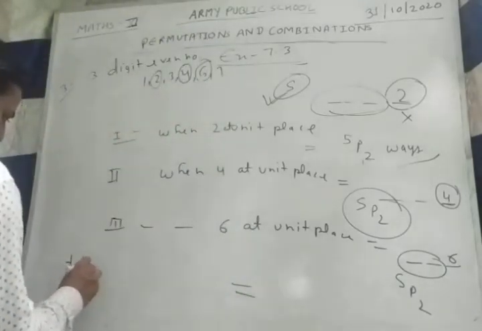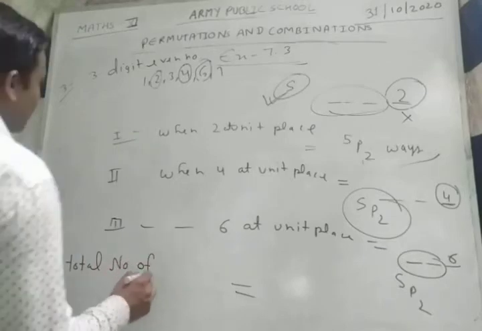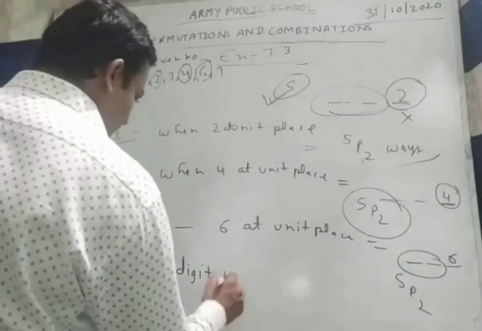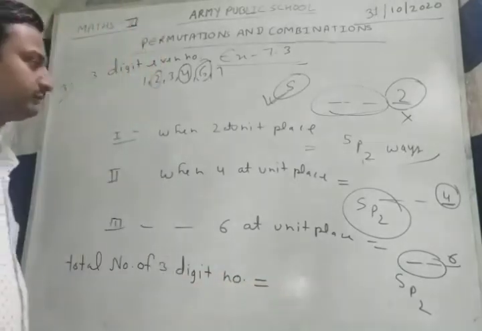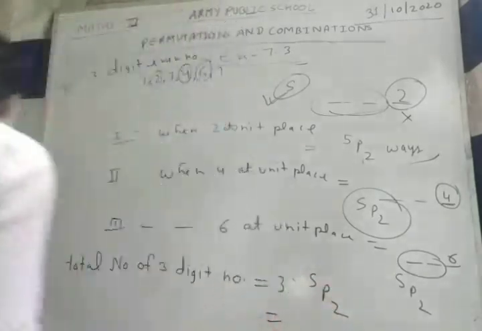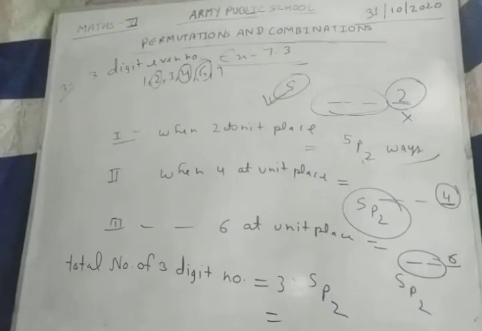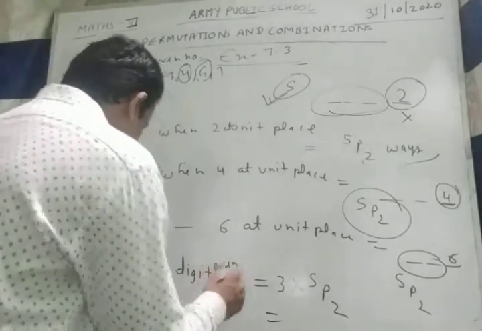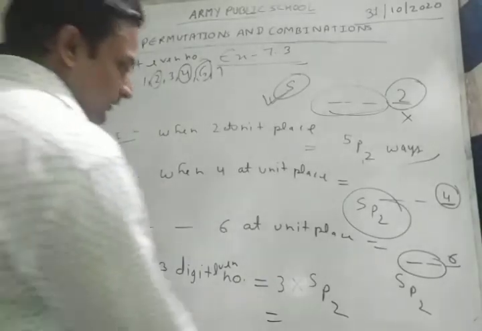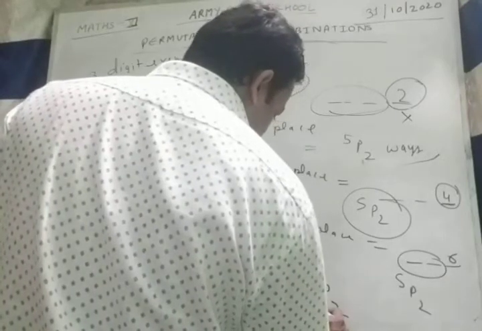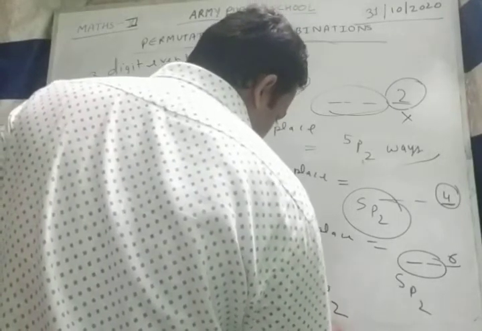So the total number of 3-digit numbers is equal to what? This 3 into 5P2. Okay. 5P2 you can write as factorial 5 by factorial 3.